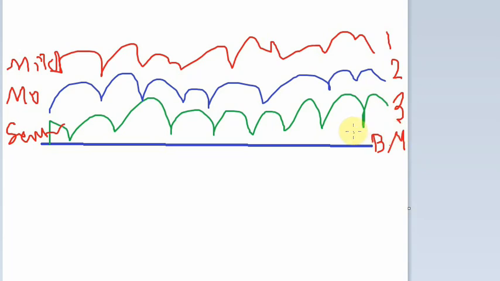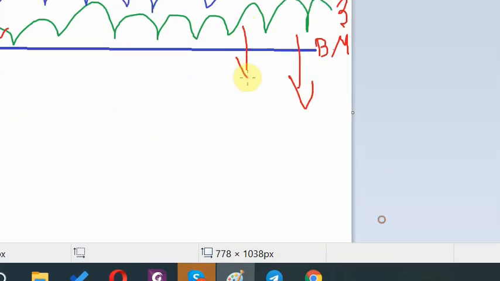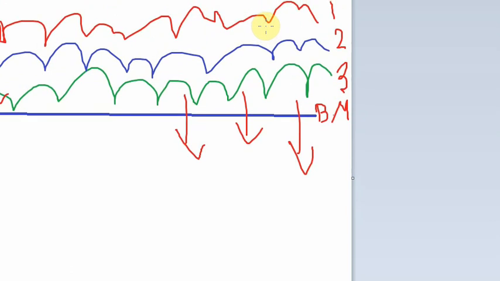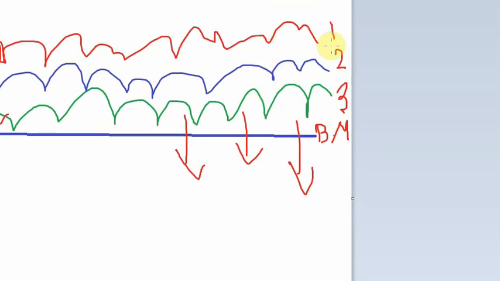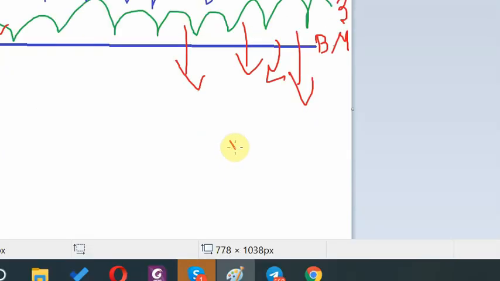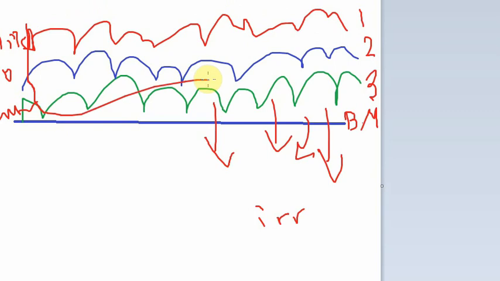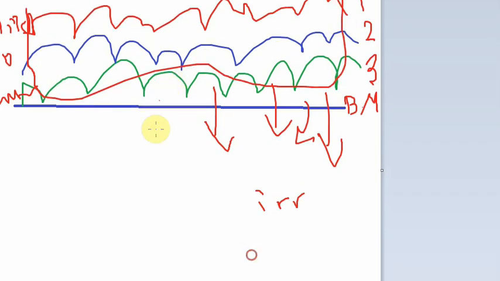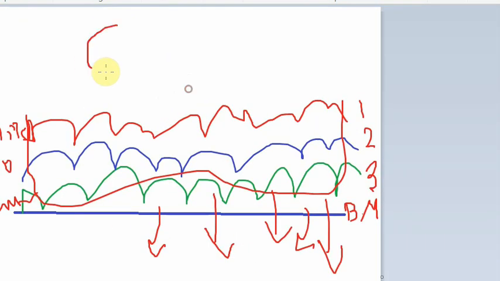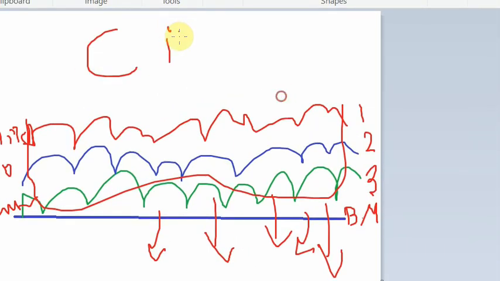And if it penetrates the basement membrane, this is actual cancer. So this is mild dysplasia, moderate dysplasia, severe dysplasia: reversible, reversible, irreversible, and if it penetrates, it becomes irreversible. By the way, if you have affection of the whole thing, but it does not penetrate the basement membrane, we call it carcinoma in situ.